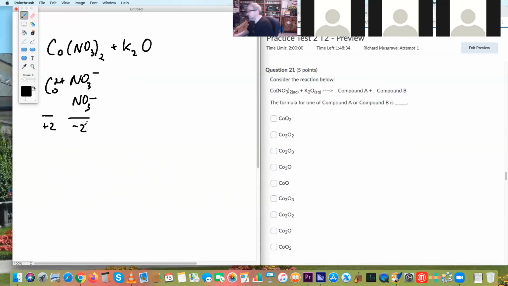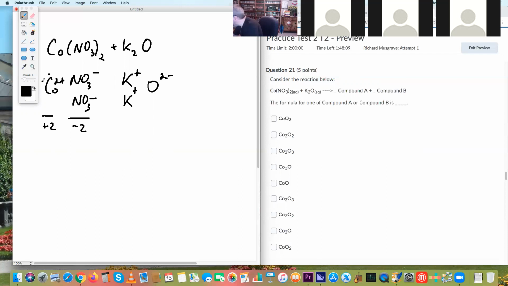And again, the reason we know cobalt is 2 plus is because we have 2 negatives on the nitrates in total, which means we've got 2 plus on the cobalt. We'll have K and O. O is 2 negative, K is 1 plus. Okay, any questions so far?